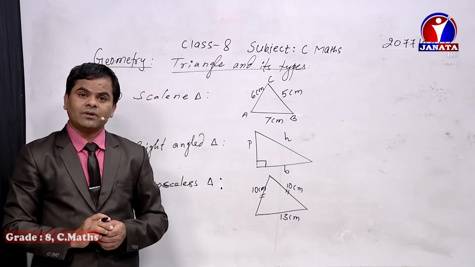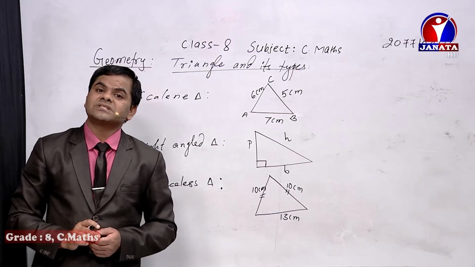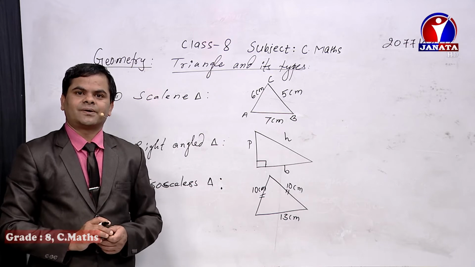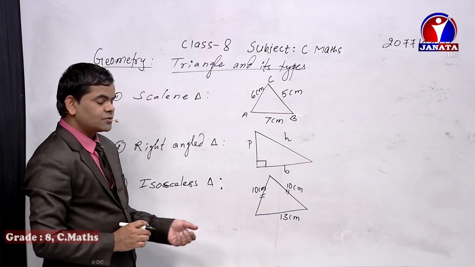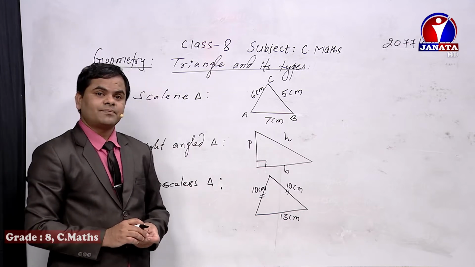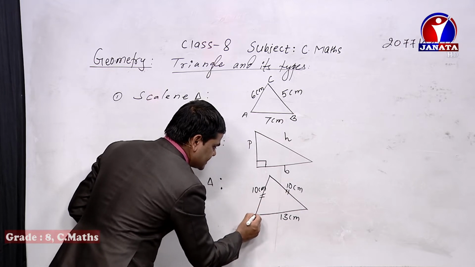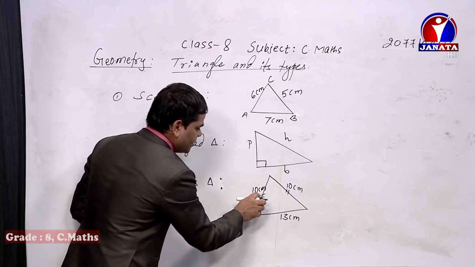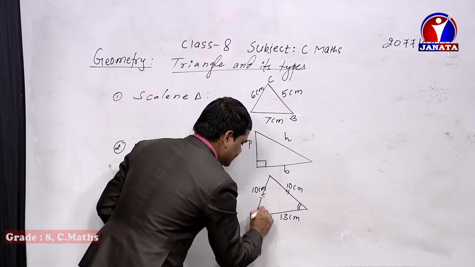And not only two sides equal, dear students, its two angles are also equal. Opposite to the equal sides, those angles are equal to each other. For example, in this figure, if you want to find out which angles are equal in case of an isosceles triangle, just opposite to the equal side, this angle, and opposite to the other equal side, this angle, are equal to each other, dear student.